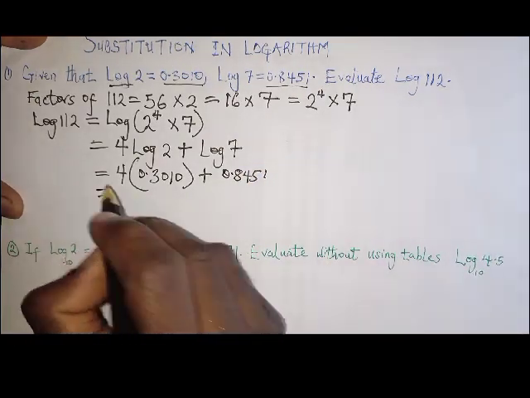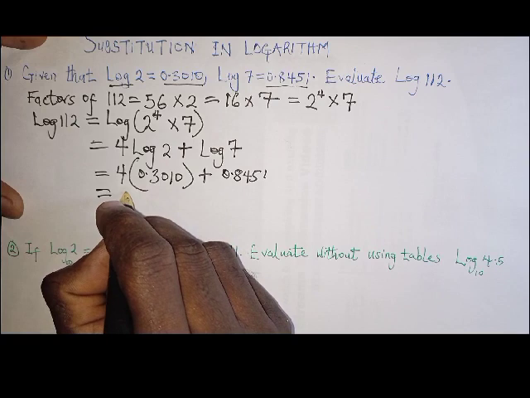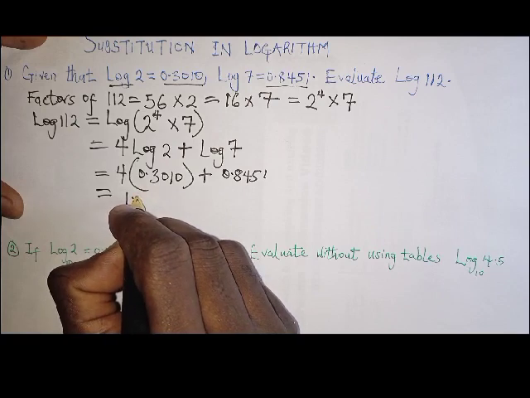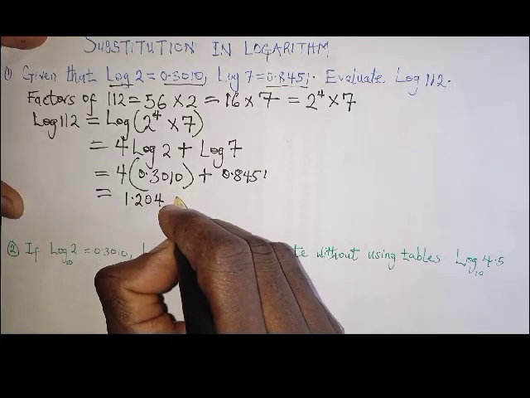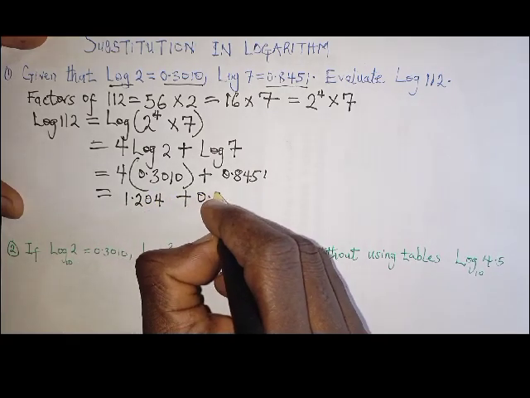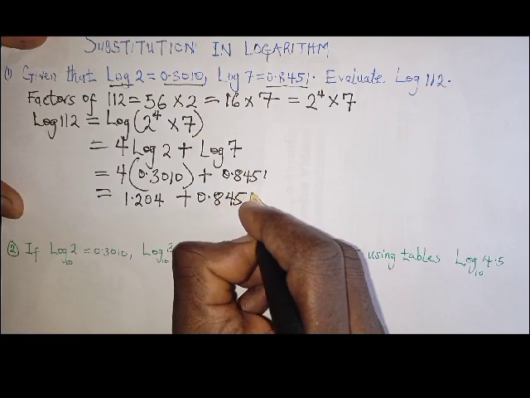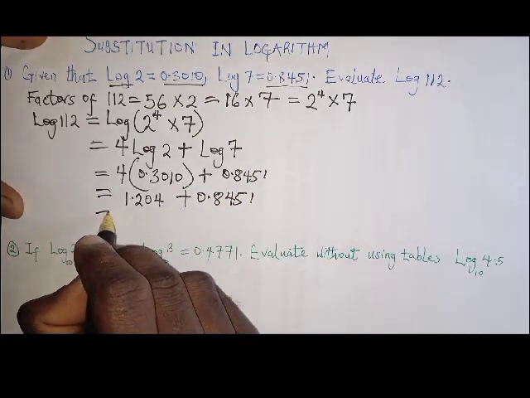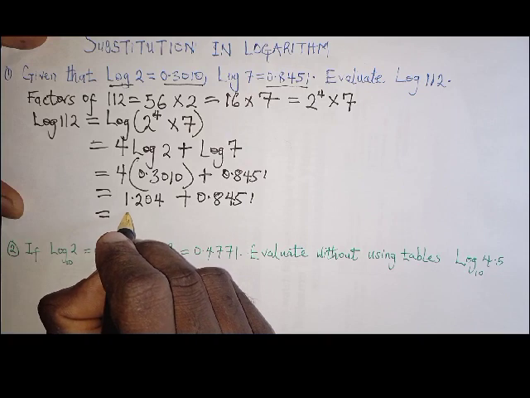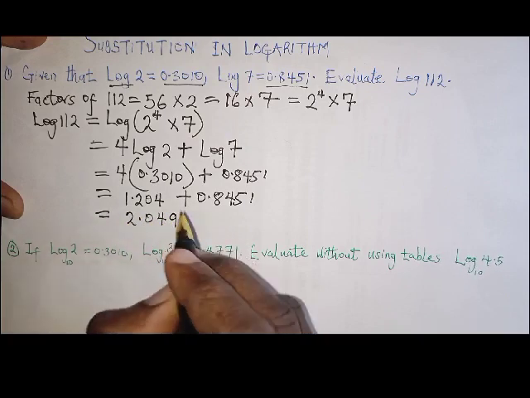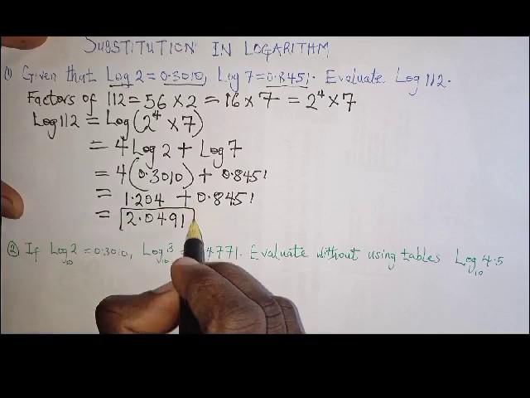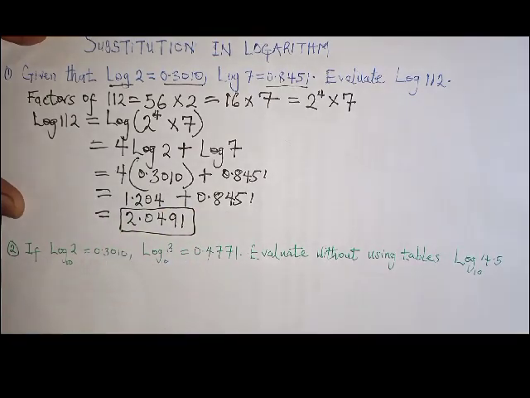When I multiply, 4 times 0.3010 is going to give me 1.204, plus 0.8451. So at the end of the day, summing them up, I'm going to get 2.0491. So that is the final answer.